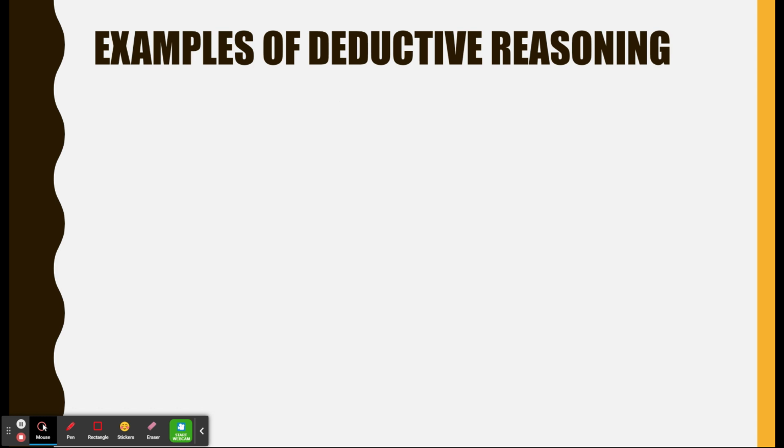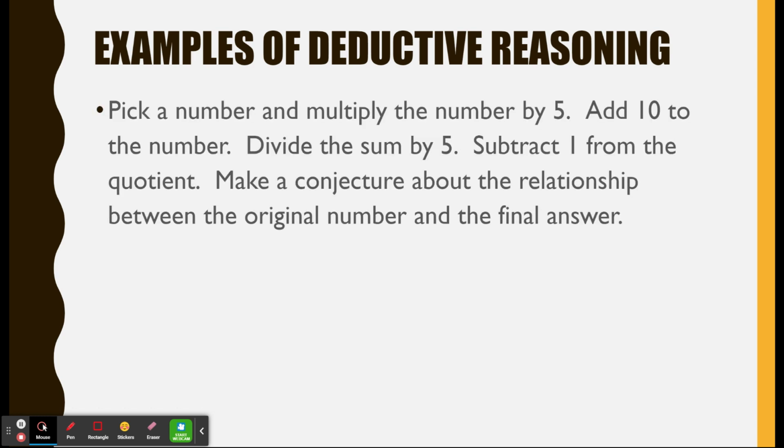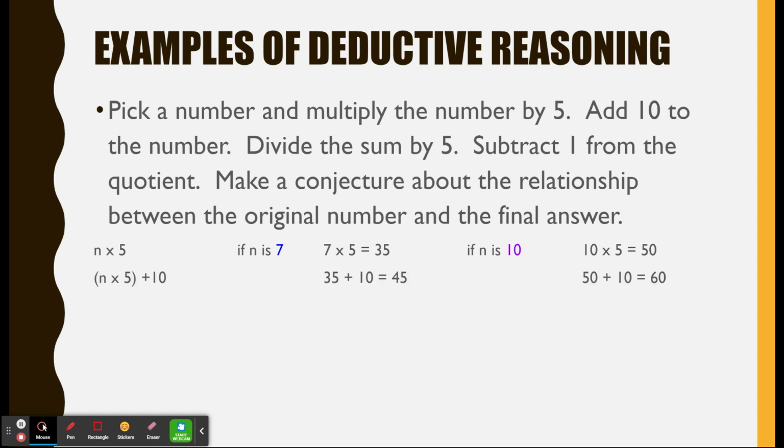So as we're looking at this conjecture here, first thing, pick a number. Multiply by 5. I use two examples, 7 and 10. So if I take 7 times 5, I get 35. If I took 10 times 5, I get 50. Next, we're going to add 10 to that number. So 35 plus 10 is 45. 50 plus 10 is 60.